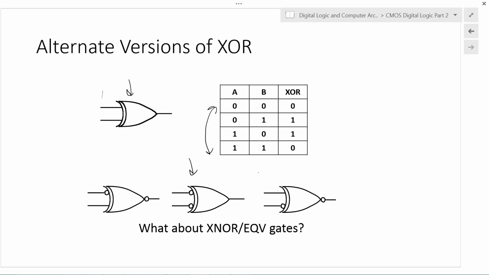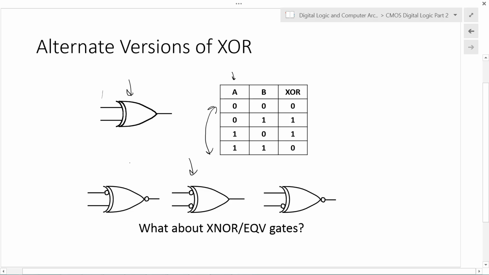If we invert either A, for instance, then we're going to have 1, 1, 0, 0, right? So this is going to convert the XOR to an equivalence gate.